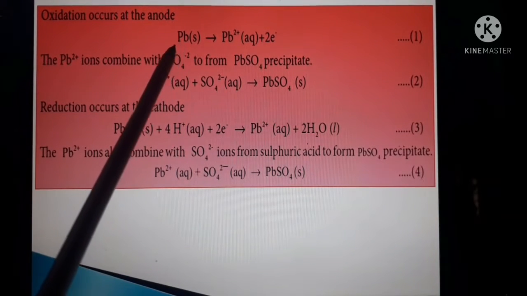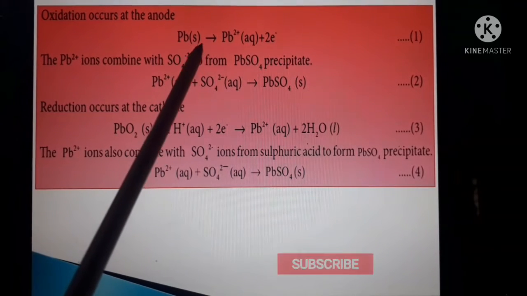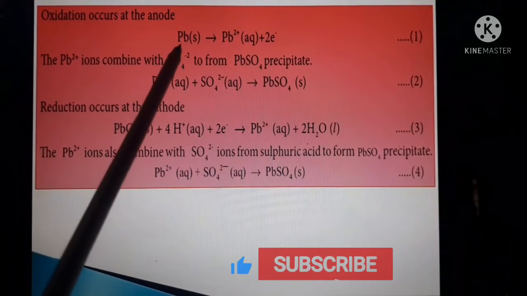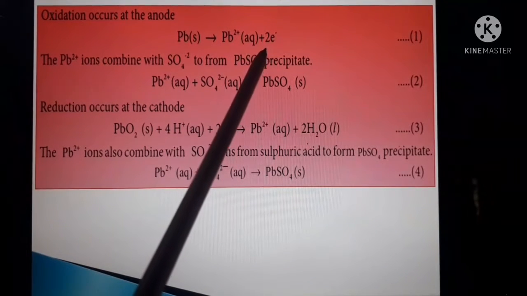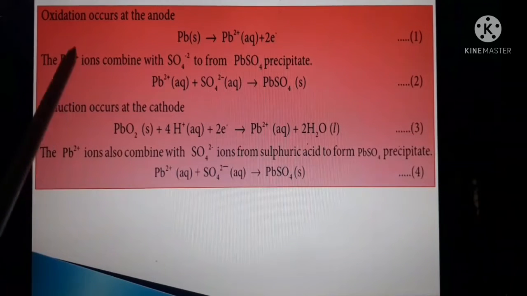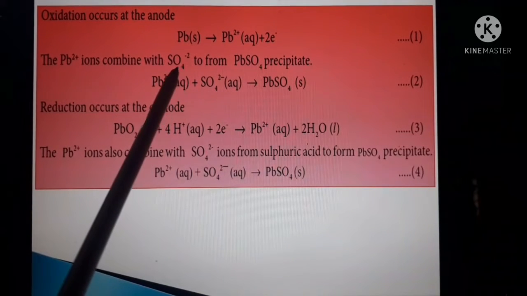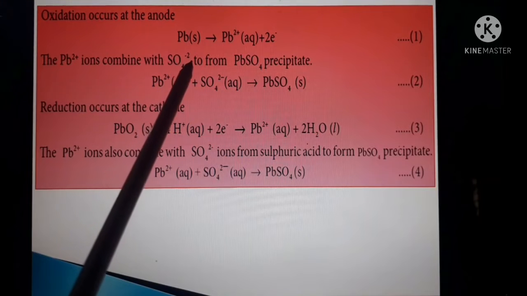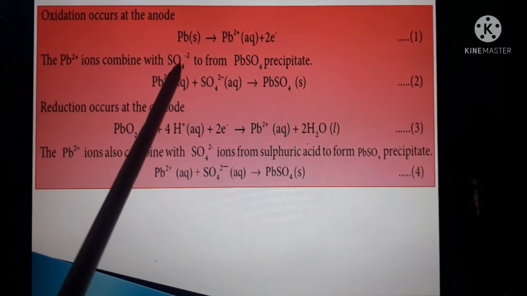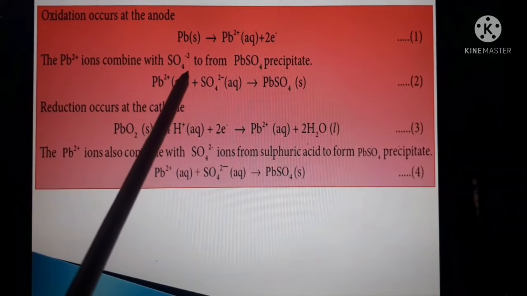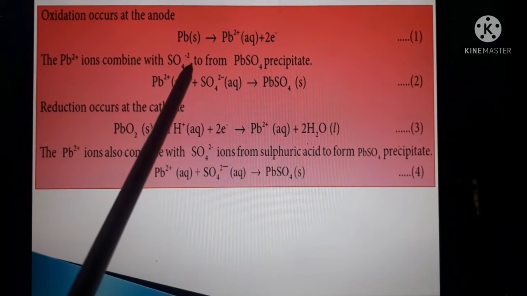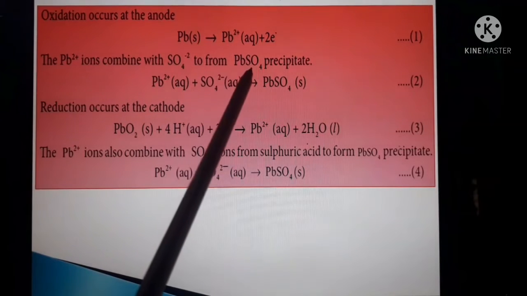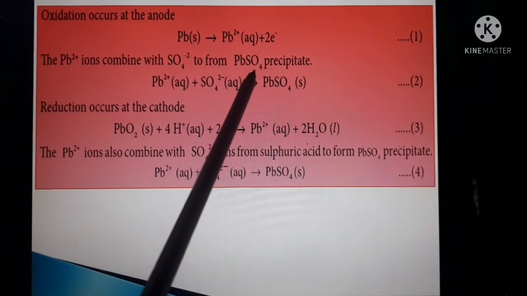Lead loses electrons. In the anode, lead is converted to lead 2 plus ion, losing 2 electrons. The Pb 2 plus ion combines with SO4 2 minus ion, the sulfate ion from sulfuric acid, forming lead sulfate.